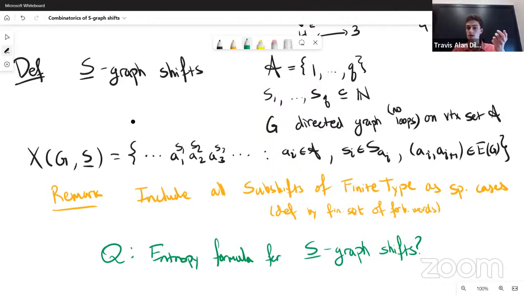And the answer is yes, and it has a certain nice resemblance to the entropy formula for S gap shifts that we looked at before.